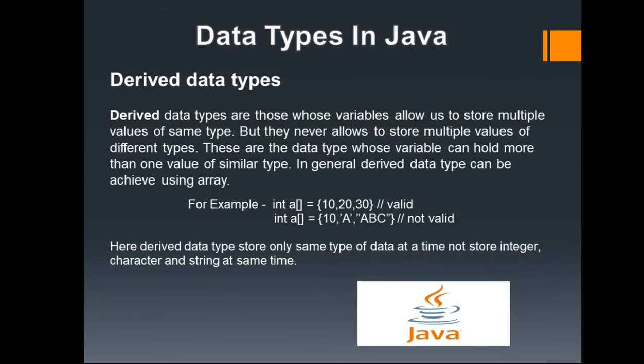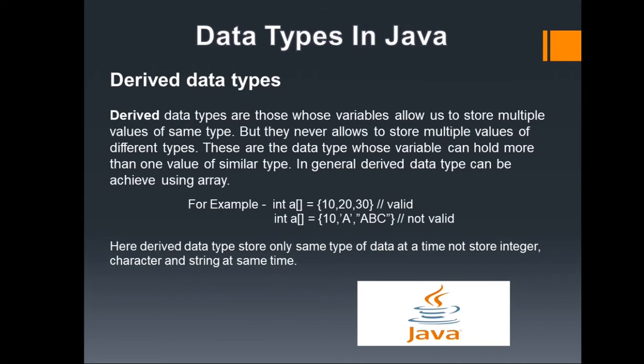Next one is derived data type. Derived data types are those whose variables allow us to store multiple values of the same type, but they never allow us to store multiple values of different types. These are the data types whose variables can hold more than one value of a similar type. In general, derived data type can be achieved using an array.